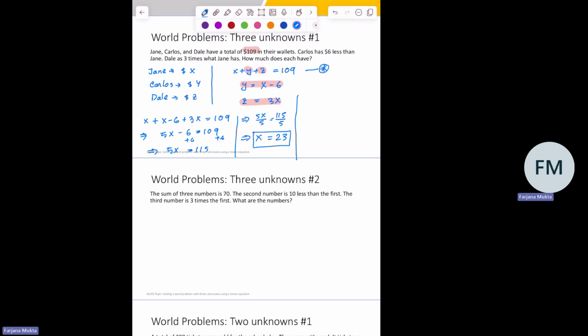Now we'll use x equal 23 here and here to find the amount that Carlos and Del have, right? So y equal 23 subtract 6 and z equal 3 times 26. Okay, so this is 17 and there will be $78.